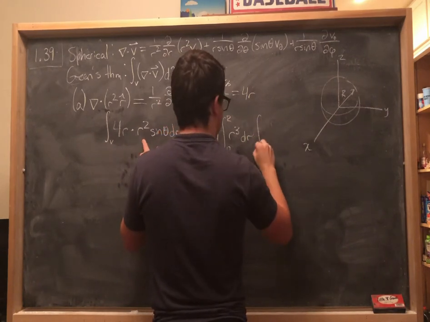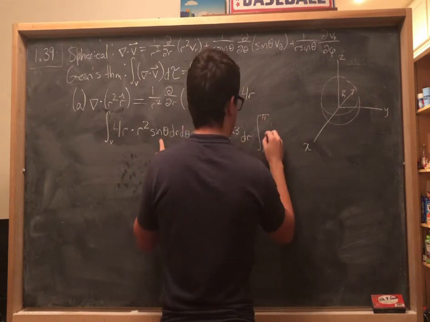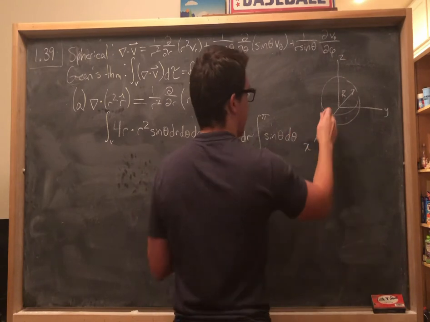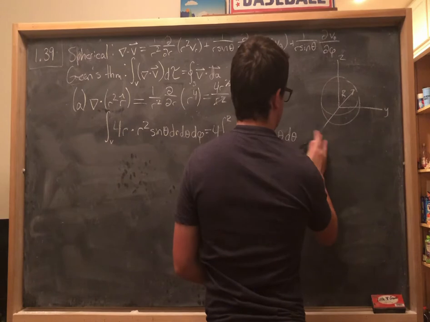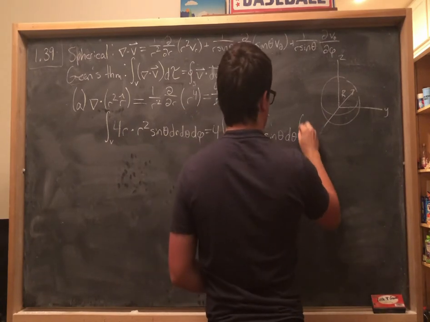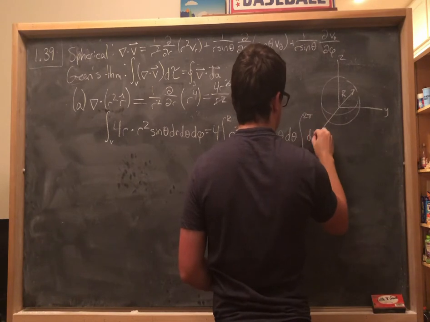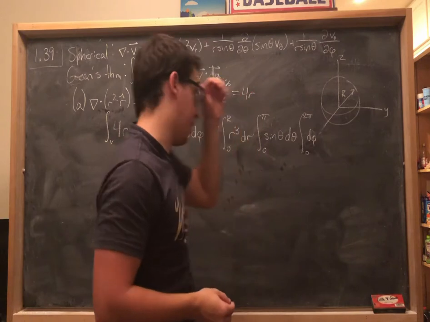Then we have 0 to pi sine theta d theta. The polar angle, of course, ranges from 0 to pi. And then 0 to 2 pi d phi, since the azimuthal angle goes all the way around 2 pi.